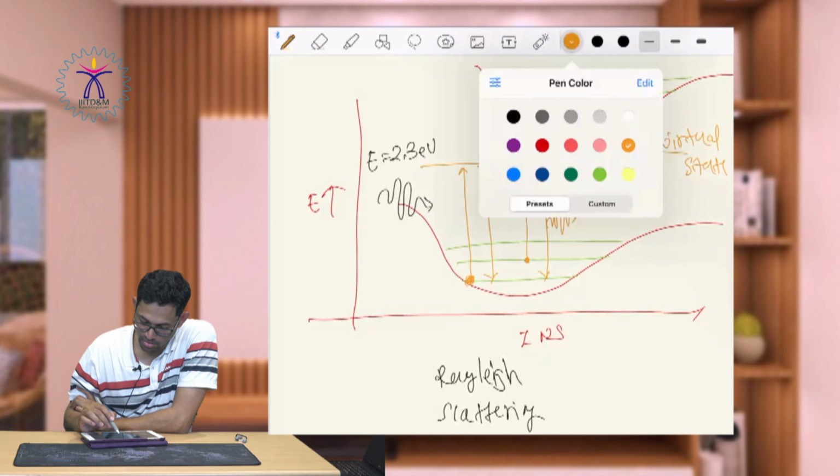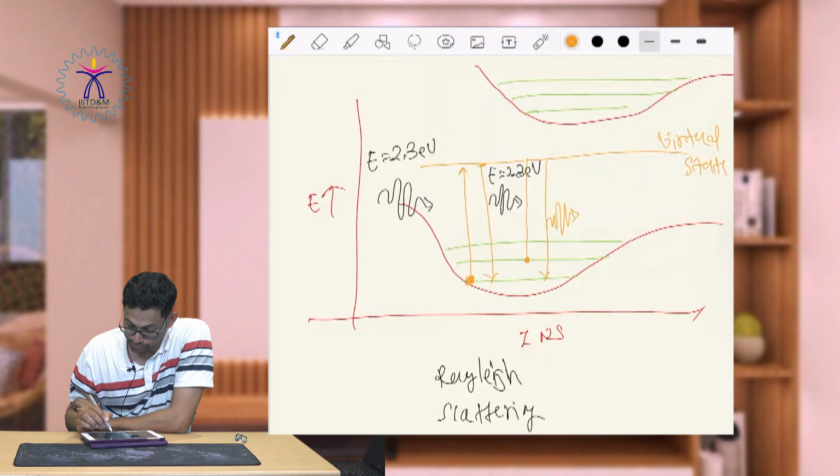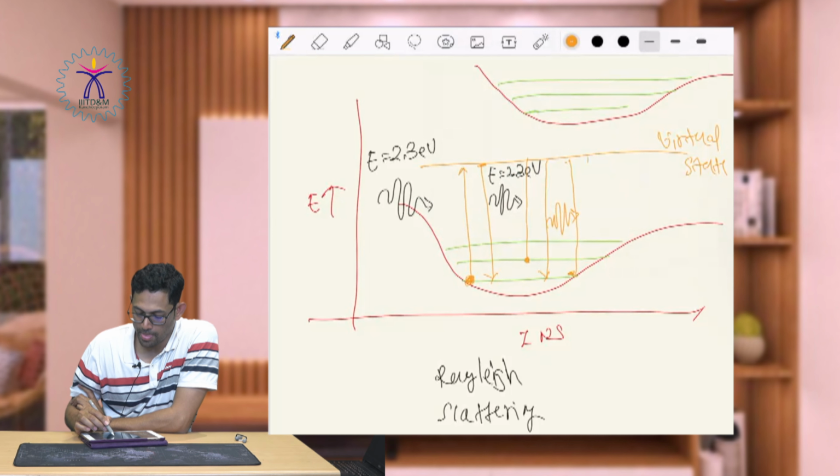For example, it could jump from the ground state to the same virtual state, and then it will jump back to just one step above the ground state, and then it will again jump back over here, right. So here you can see that the photon that will be emitted would be of lower energy, right.